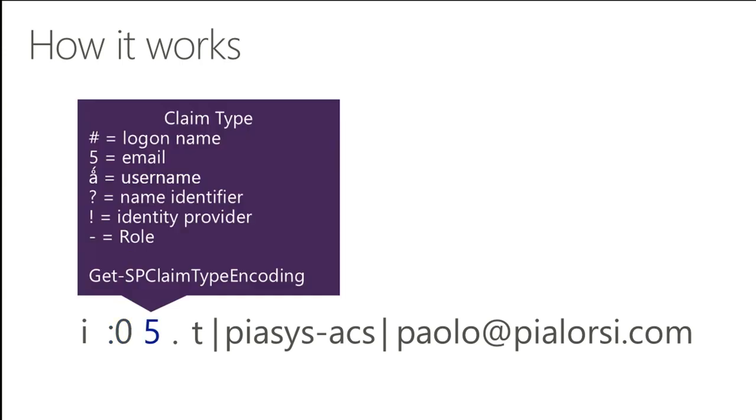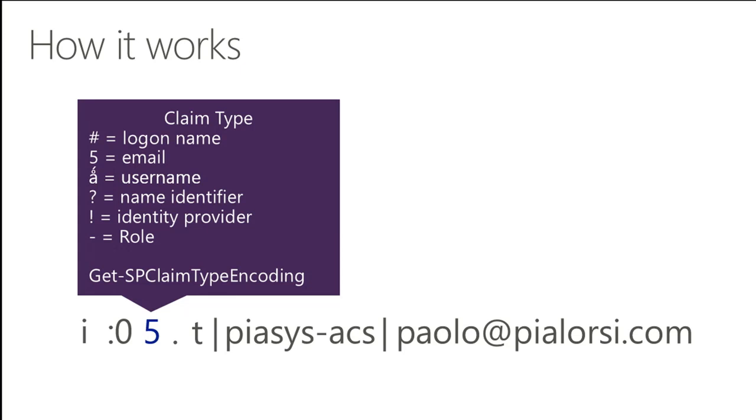Moreover, we have another character, which can be any of the values defined for any of the available claim types, any of the claim types registered in SharePoint. So those are just a few examples, but you have a lot of claim type encodings in SharePoint. And you can also retrieve the whole list using the Get-SPClaimTypeEncoding cmdlet.